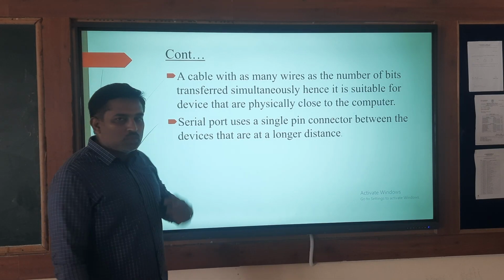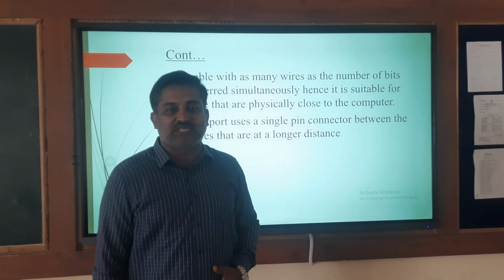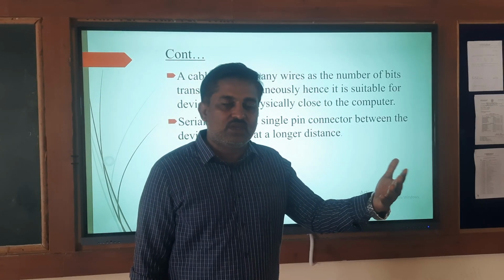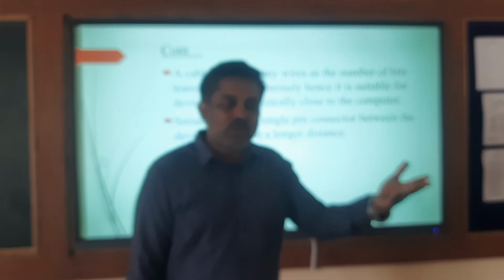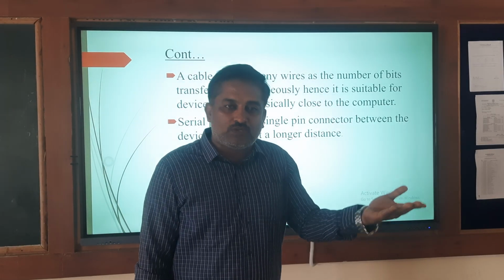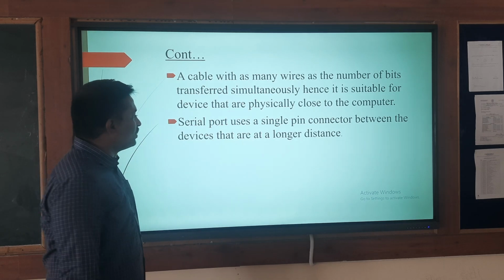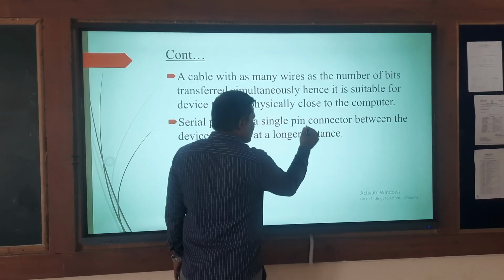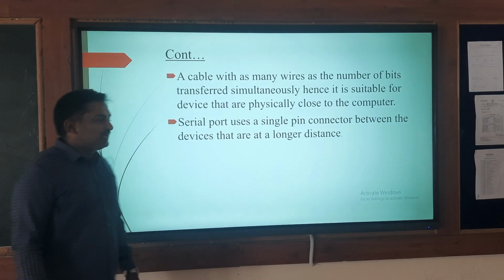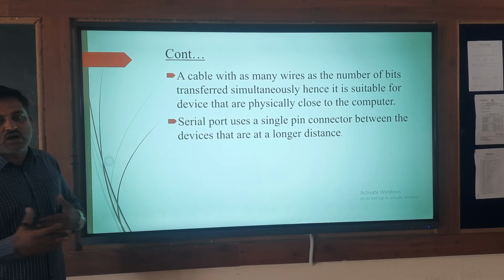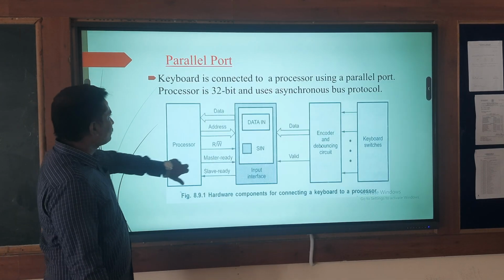Okay, a serial port uses a single pin connector. Even if you want to transfer 100 bits or 1000 bits, they can be transferred bit by bit only in the case of serial port communication. So we use only a single pin connector between devices that are very far from each other.